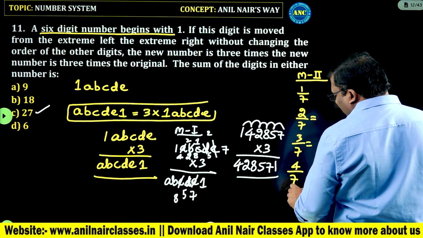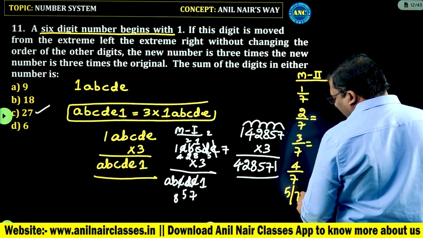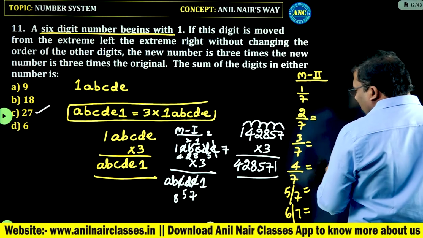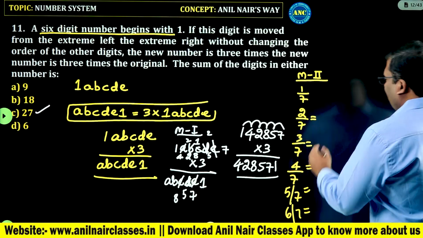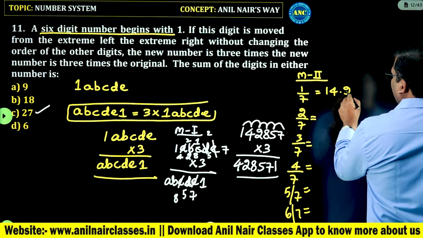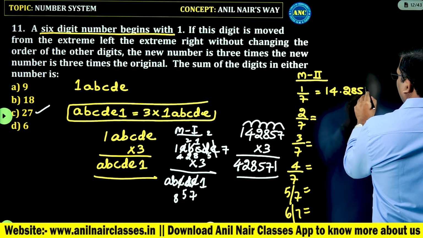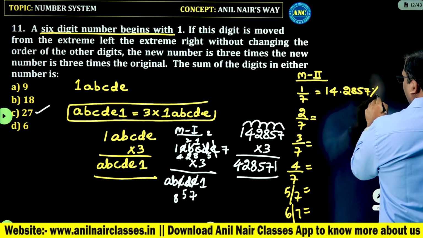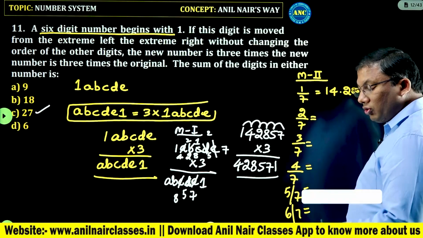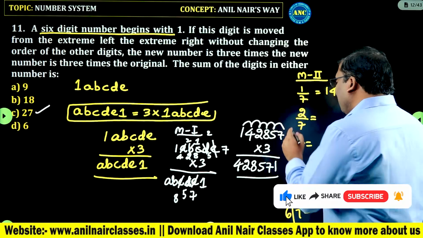The value of 1 by 7, we all know, is 14.2857 percent.